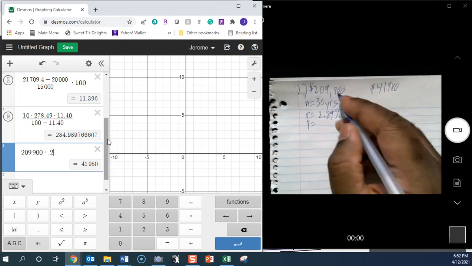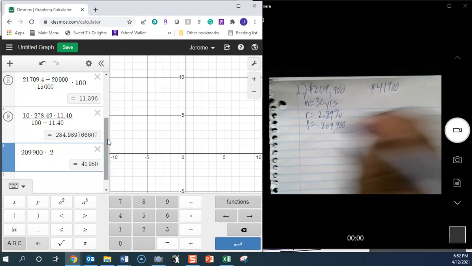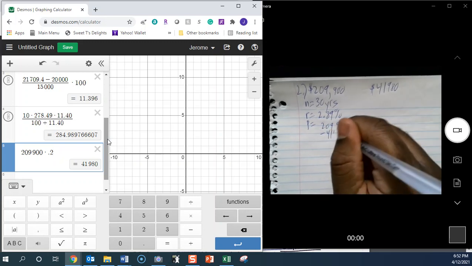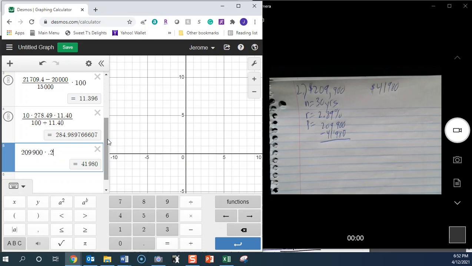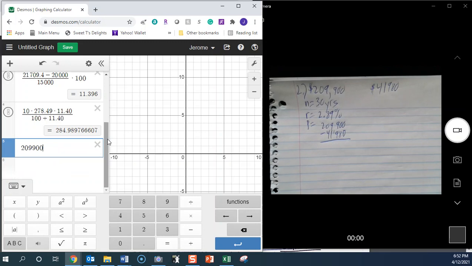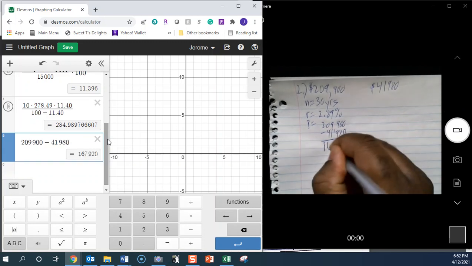So our principal would be the initial cost, the $209,900 minus the $41,980. So I'll just subtract this, 41,980.